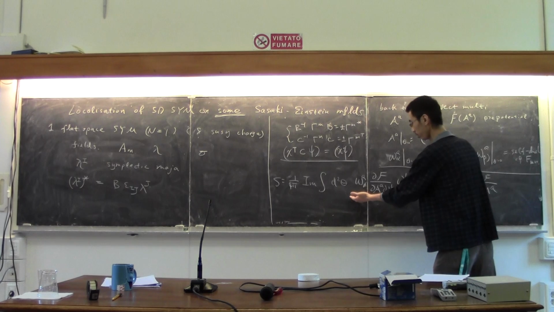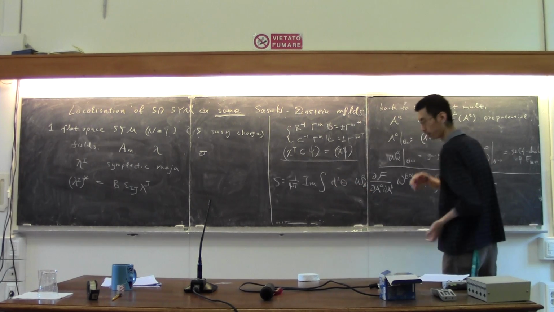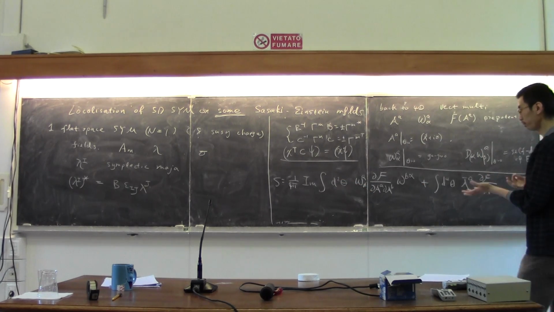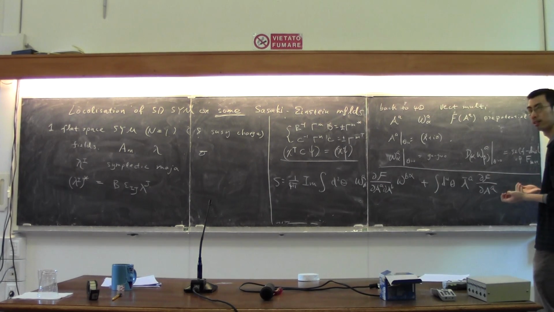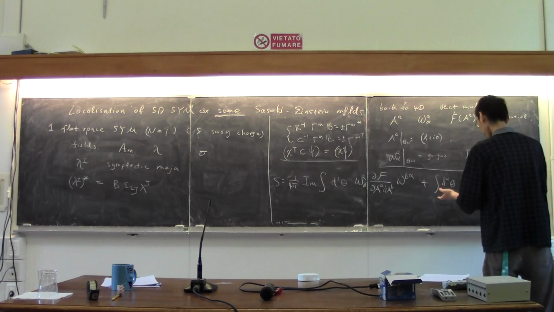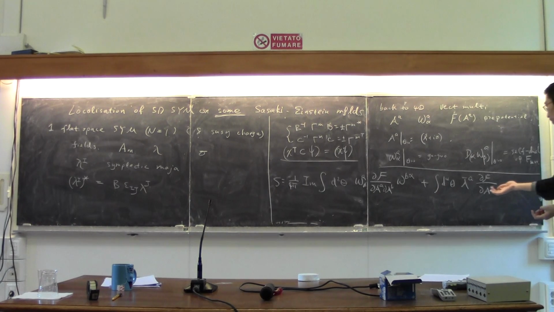Basically, this part comes with a chiral integral, and this will be responsible for the gauge field kinetic energy. And this part will give you the kinetic energy for the scalar field.